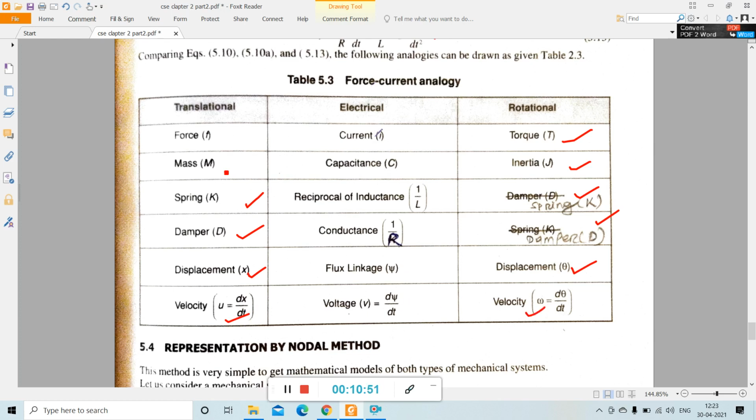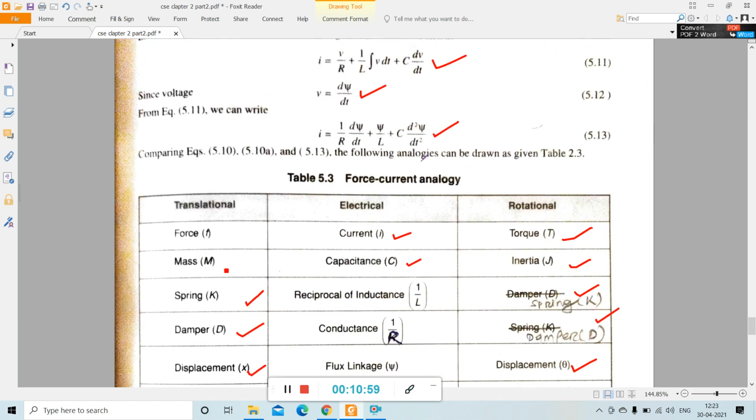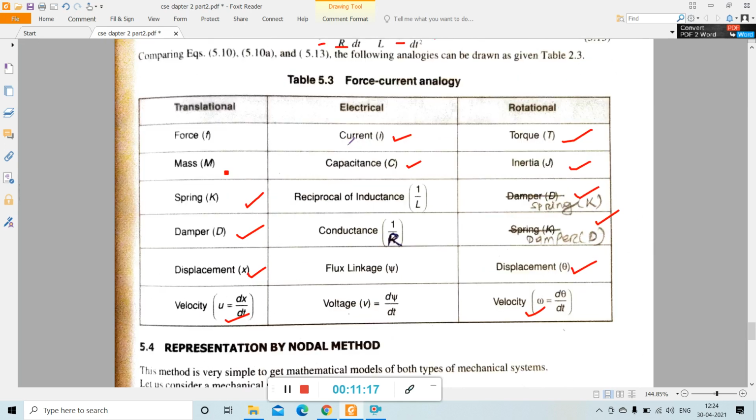For electrical parameters, it is current I in place of F, capacitor C in place of M, 1 by R in place of D, 1 by L in place of K, and psi, where voltage V is equal to d psi by dt. So these are the force current analogy.